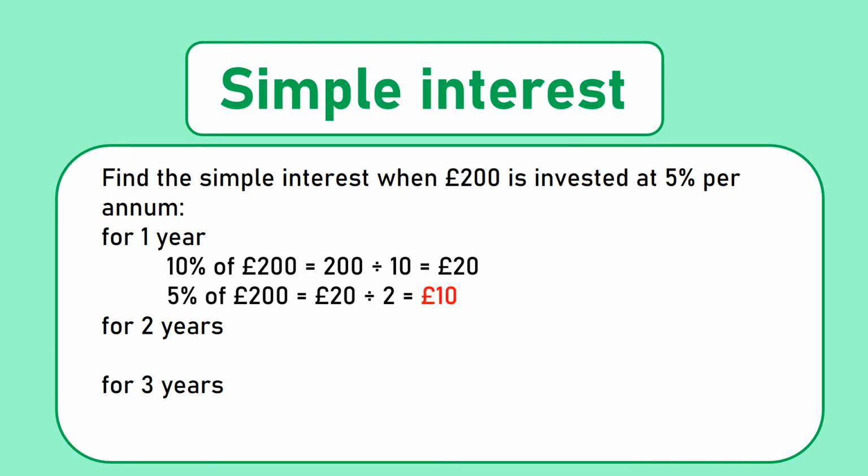And then this helps us to find 5%, because if we divide the 20 by 2 to give us £10, this is 5% of 200. So that is the amount of interest you would earn over 1 year, so £10. So for 2 years, we just double it, so £20. And for 3 years, we times it by 3, which gives us £30.